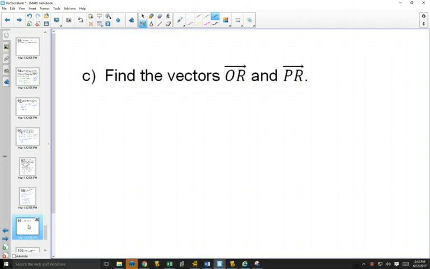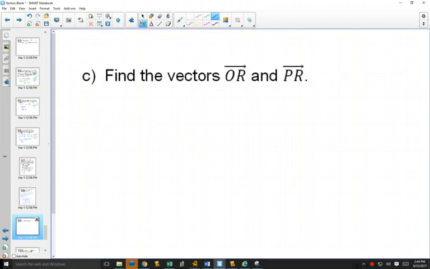So if we want to find out what the vector OR and the vector PR are, well, we know that we get to R 1 hour after.